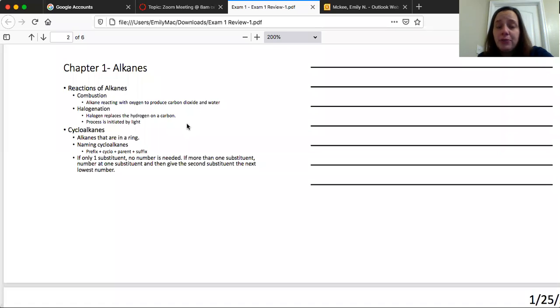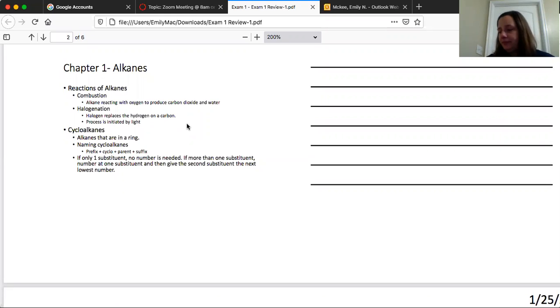So we have a halogen replacing a hydrogen. So those are 2 reactions that I could put on your exam. What I would do is I would put your reactants and ask for the product, okay? Or I could put the product and ask what started this, or what were the reactants. Can you do an example of each of those?